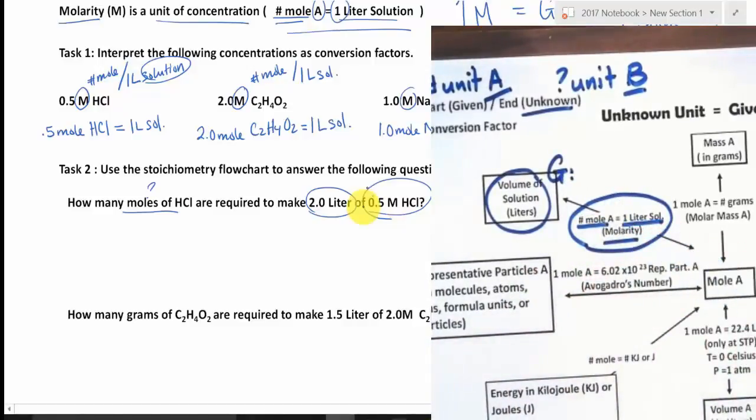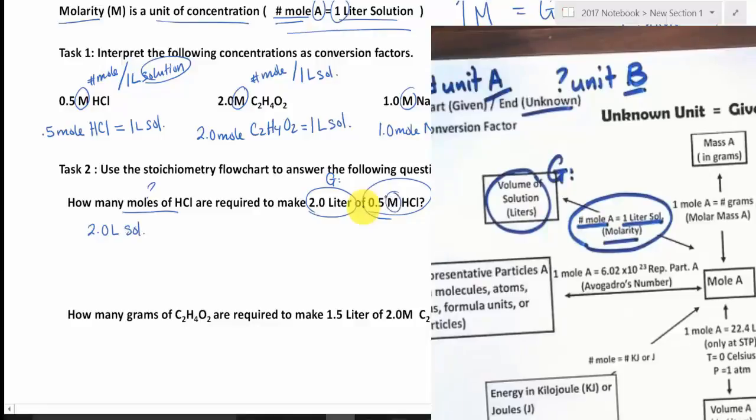So this is our given value, but this is the conversion factor. So how does that work? Well, of course, this is going to be our given. So we have 2.0 liter of solution. I'm going to put the word solution there for you. And times this right here.